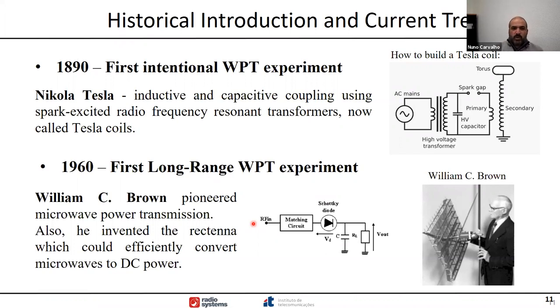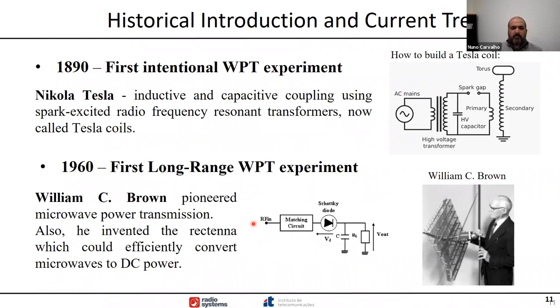But only around 70 years after Tesla showed that it is possible to transmit energy via electromagnetic waves, William Brown actually pioneered what is called microwave power transmission.